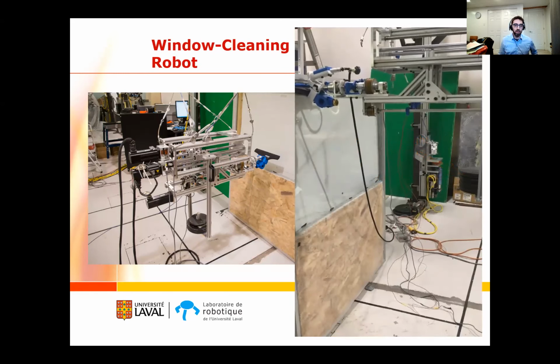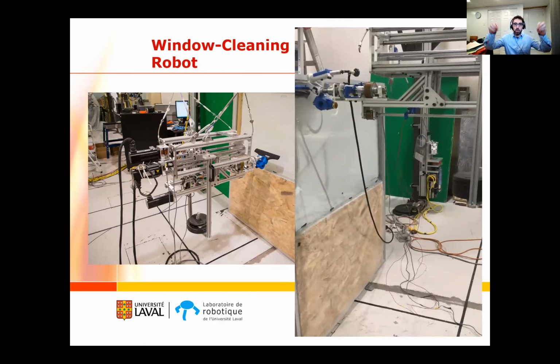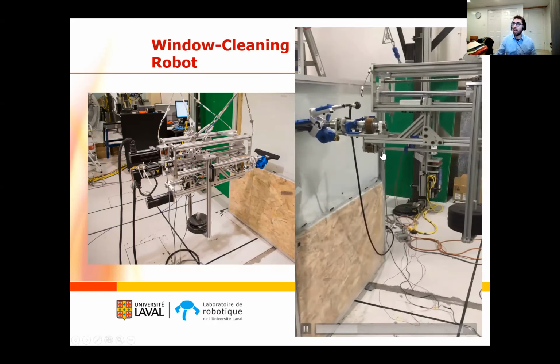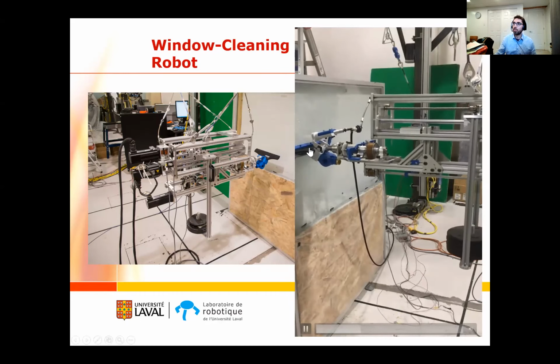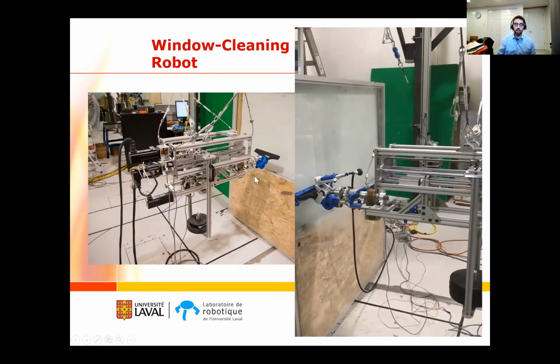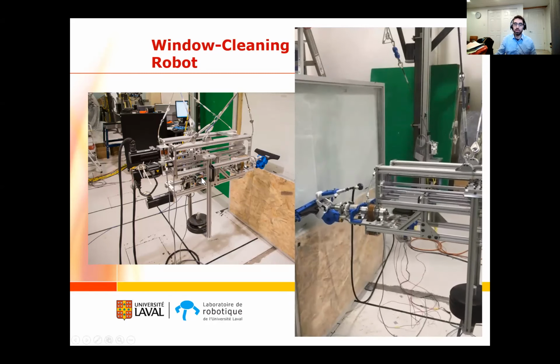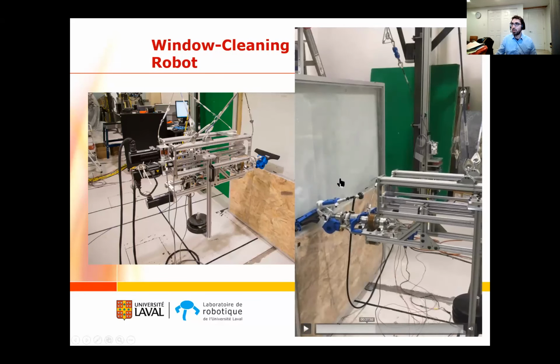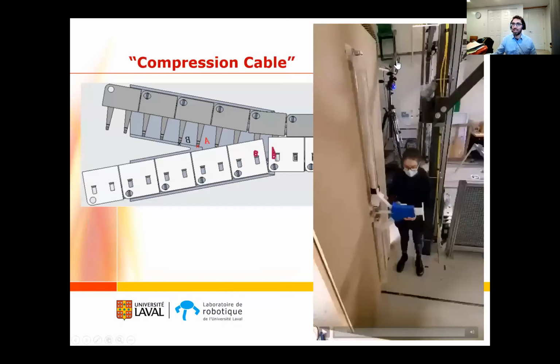It's an under constrained robot because we only have 2 cables that suspend the end effector, and the end effector controls the pressure of the squeegee on the window by extending an arm and leaning literally on the window. And it does work. We've been able to clean some windows, and they look really clean once it's done.